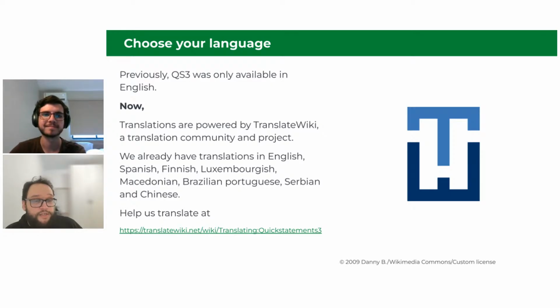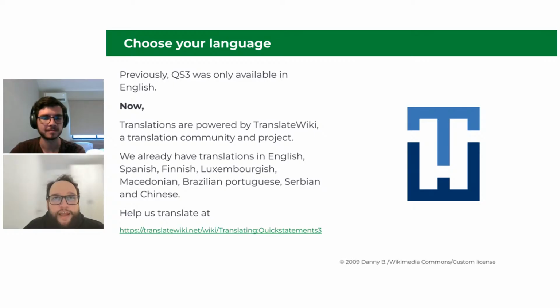We already have translations in English, Spanish, Finnish, Luxembourgish, Macedonian, Brazilian Portuguese, Serbian, and Chinese. So we are missing some other languages that are very used in the Wikidata community and the QuickStatements community. Feel free to add and contribute to the Translatewiki project of QuickStatements 3.0.